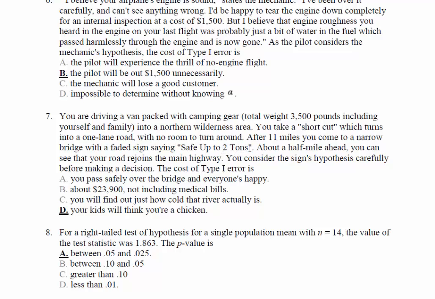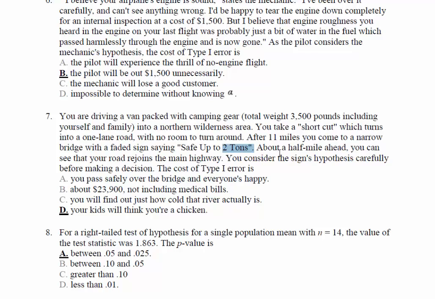In case you're not familiar with this, 2 tons is about 4,000 pounds. About a half mile ahead, you can see that your road rejoins the main highway, so there's hope there. You consider the science hypothesis carefully before making a decision. The cause of type 1 error in this case is what?